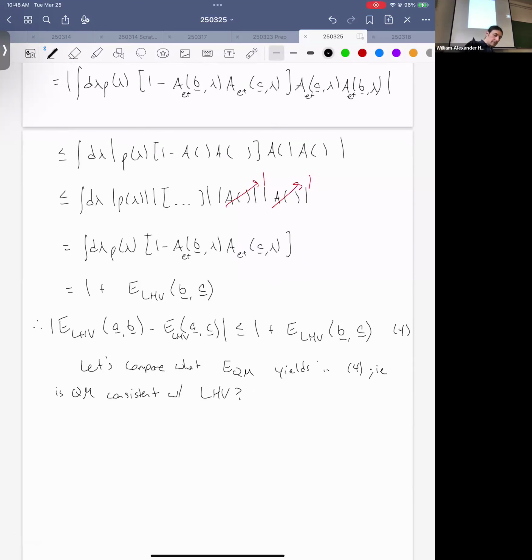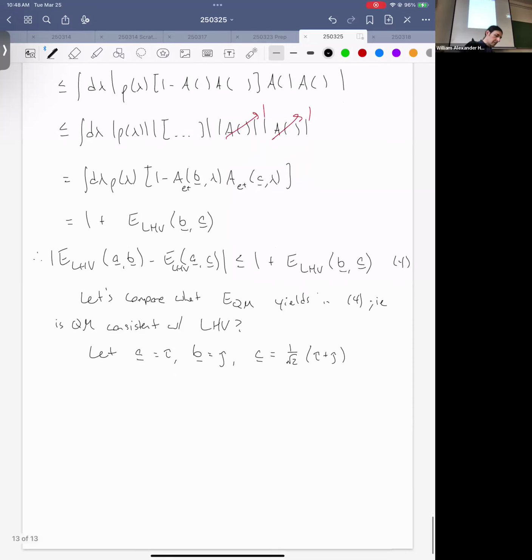Well, let a vector be equal to i hat, b vector equal to j hat, and c vector equal to 1 over root 2 times i hat plus j hat.